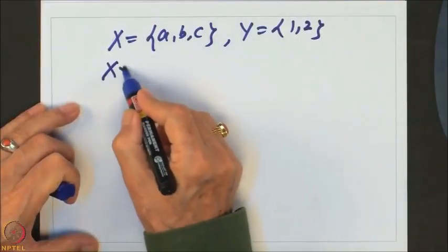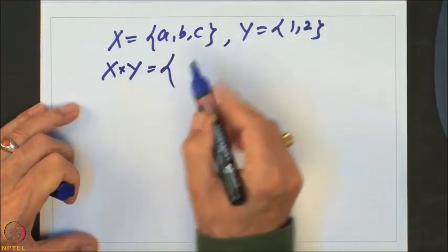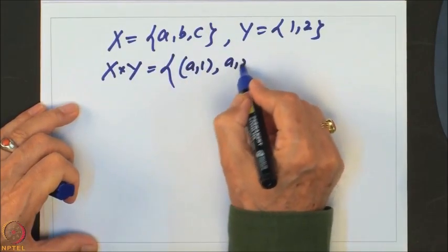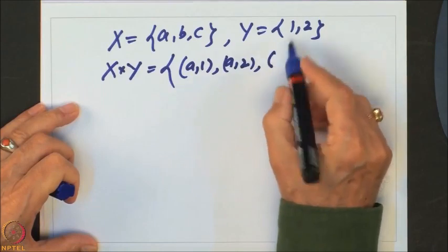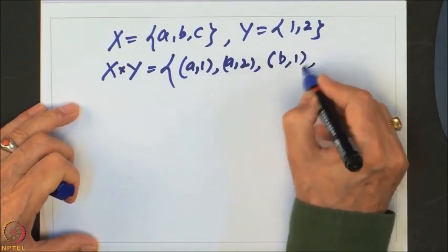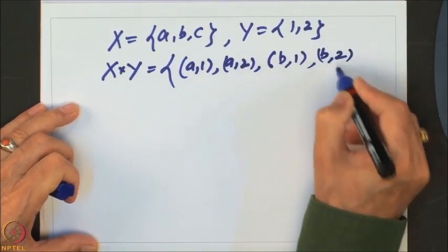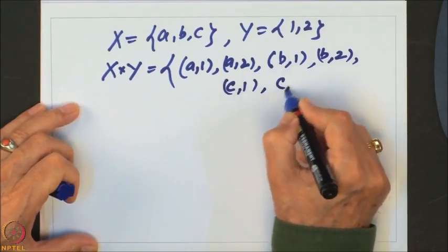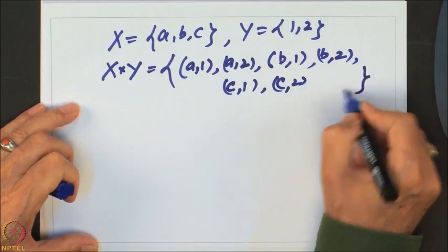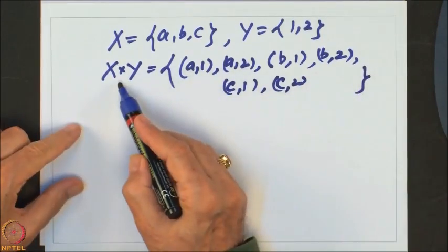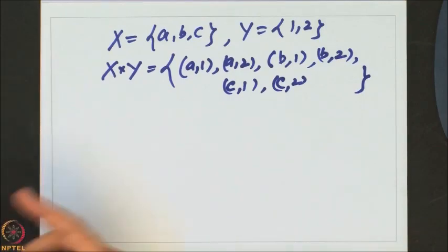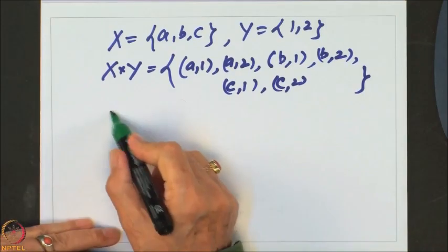So, we had X cross Y as the set of all ordered pairs: (A, 1), (A, 2), then the ordered pairs (B, 1), (B, 2), and then the ordered pairs (C, 1) and (C, 2). So, these are ordered pairs. So, this is the Cartesian product of X cross Y. Let us look at what will be the set Y cross X.